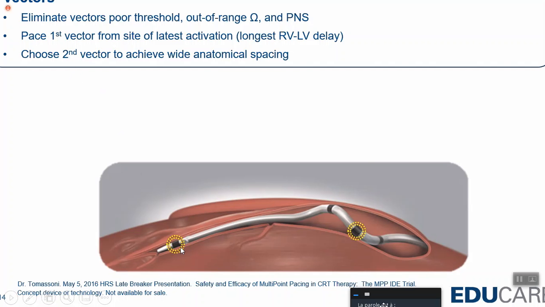So if you use multi-site pacing, the first spike will be delivered in the vector where you observe the longest RV-LV delay, so probably a basal electrode. And for the second vector, today the recommendation is to choose the electrode with the widest anatomical spacing.